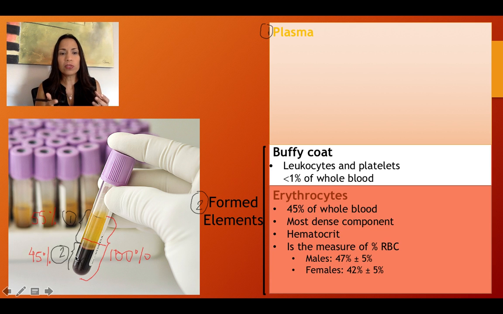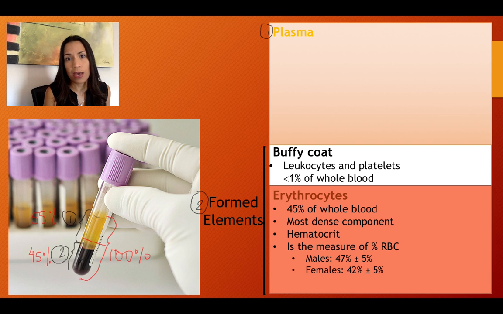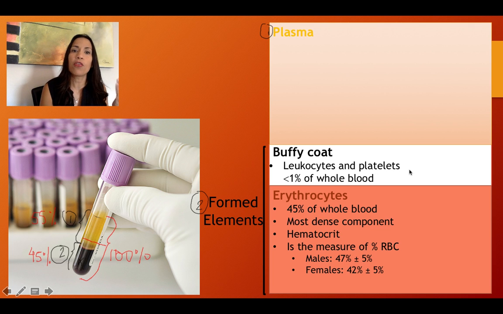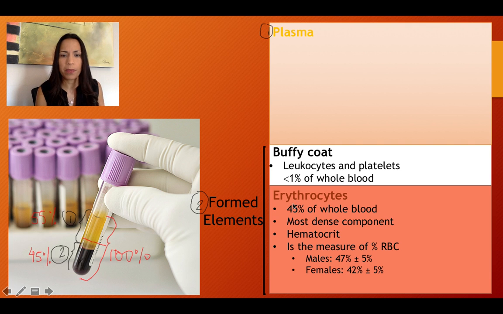And that consists of the other two types of cells that we have in blood, which are the white blood cells. The other name for white blood cells are leukocytes, and platelets. And the other name for platelets are thrombocytes. I'll show you later the name. And the other name for erythrocytes, by the way, are the red blood cells.